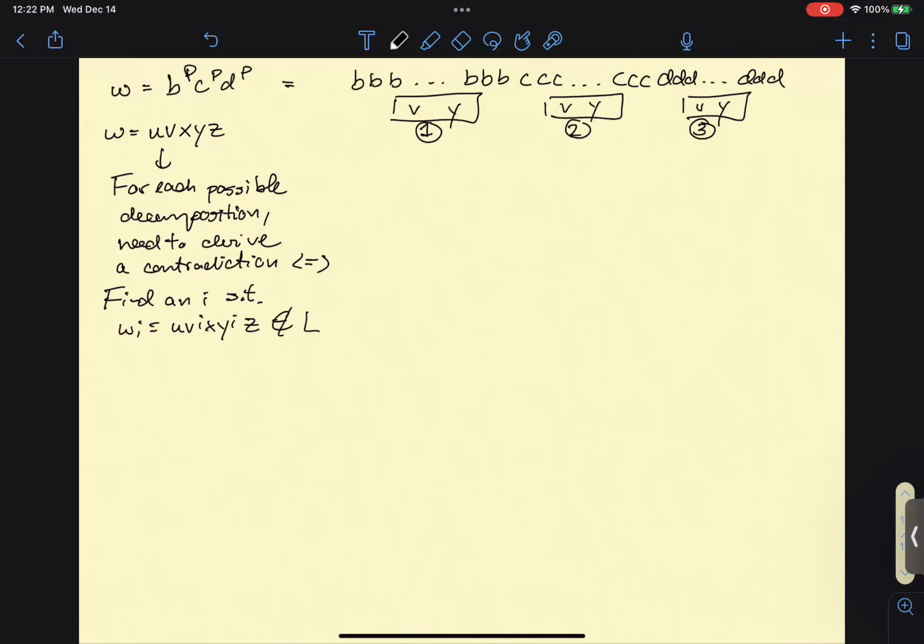Then the other case is that V could be here, then X, and then Y here. And then V could be here, and this is X, and then Y could be here. Whoa, there's 3 twice. Am I missing anything?